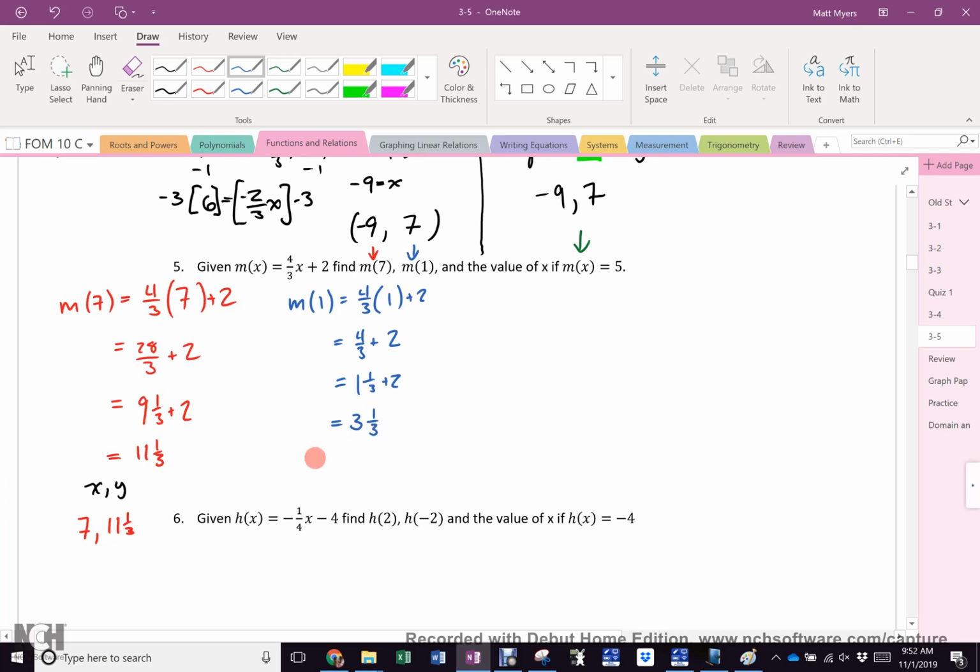What is the point on the graph? 1 and 3 1/3. Now, you all, I know, hate fractions, but this concept is really easy, isn't it?